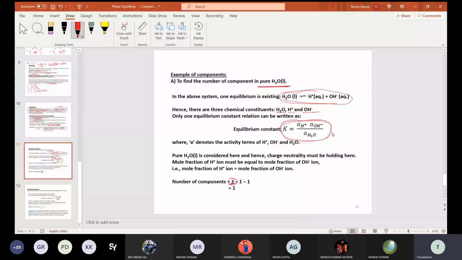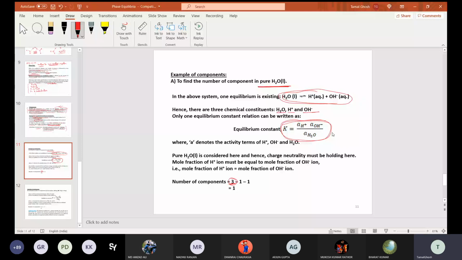So instead of going into much conceptual detail, remember that this is a more fundamental way: the equilibrium constant should be written in terms of activity. So this is the equilibrium constant that we can write.